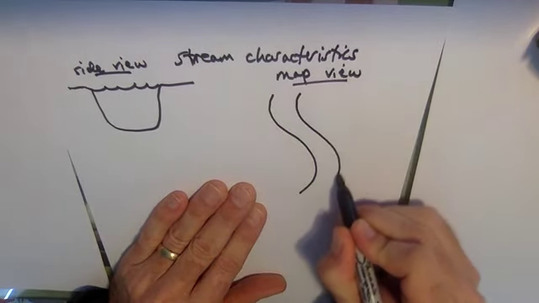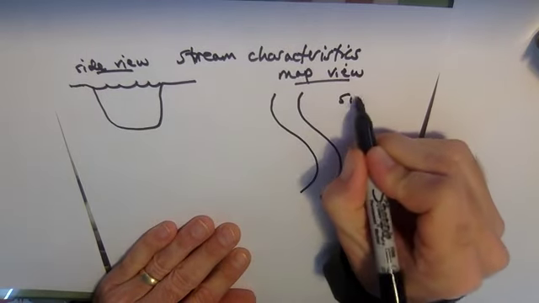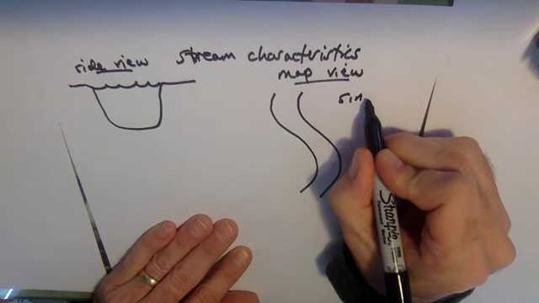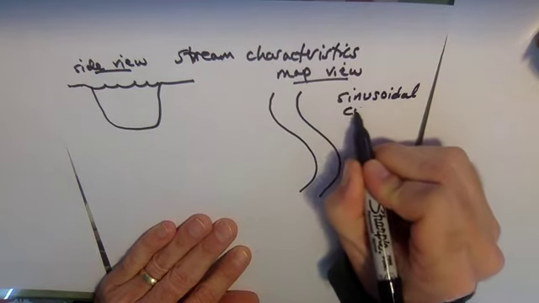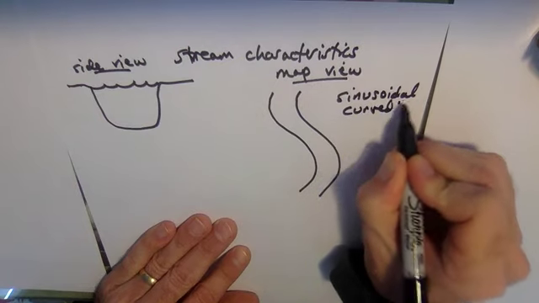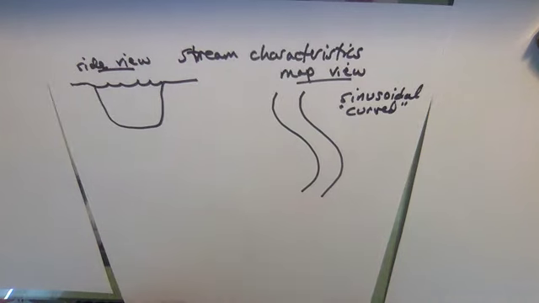So streams in map view are almost always, unless they've been impacted by humans, sinusoidal. They are curved. They migrate back and forth like this. And this happens naturally over time.